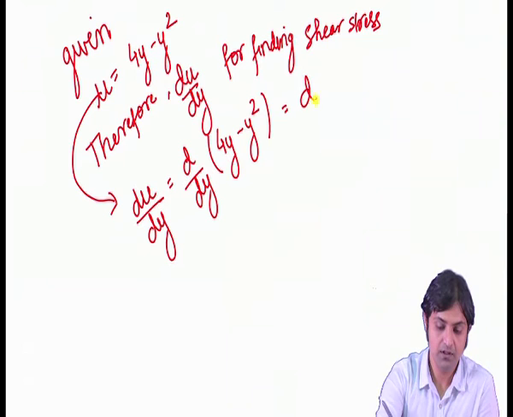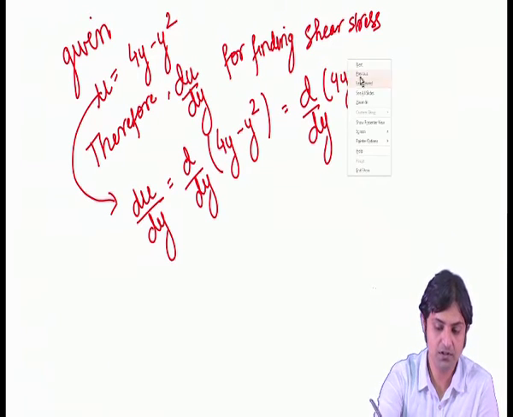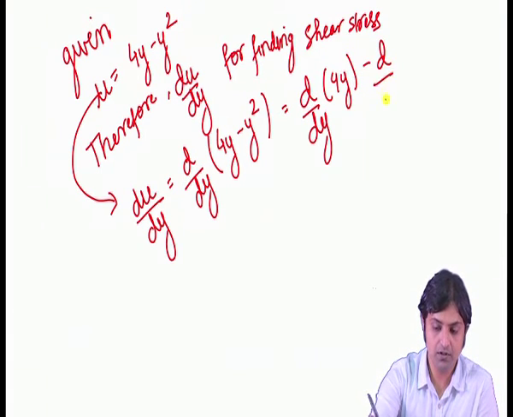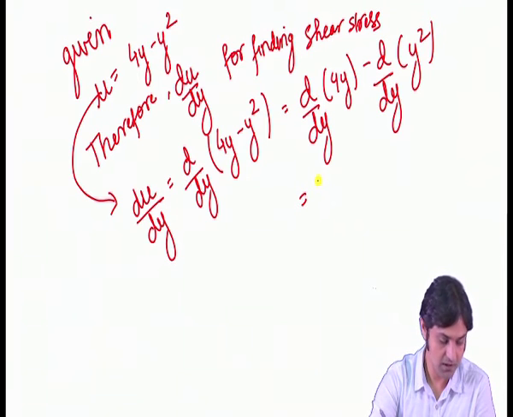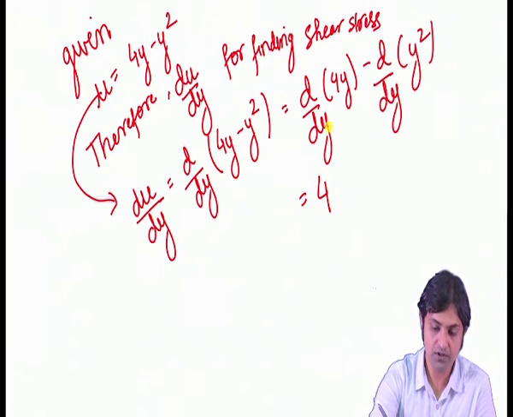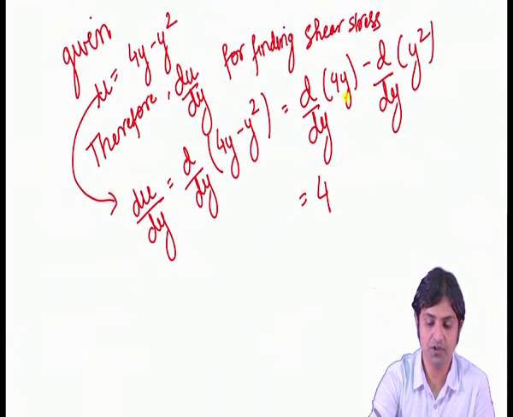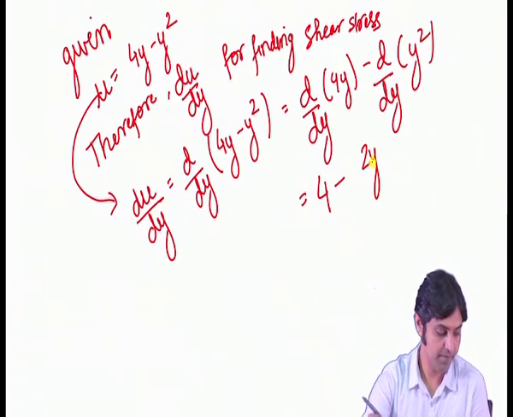I am going very slowly for this one because I am not sure if it is too obvious for you. So this can be written as 4, because d dy of 4y, 4 is a constant, so this will turn out to be 4, and d dy of y square, 2 will come out, so it will be 2y.